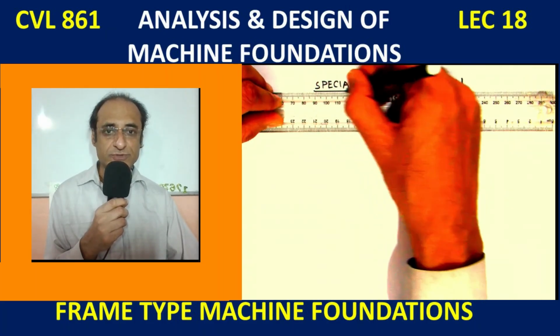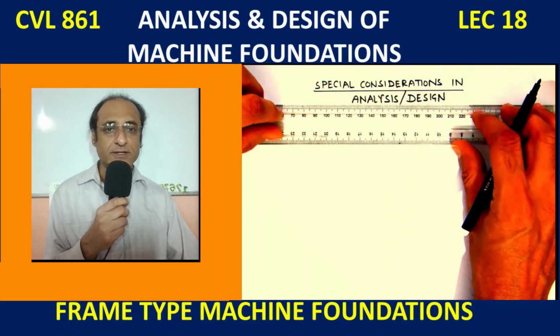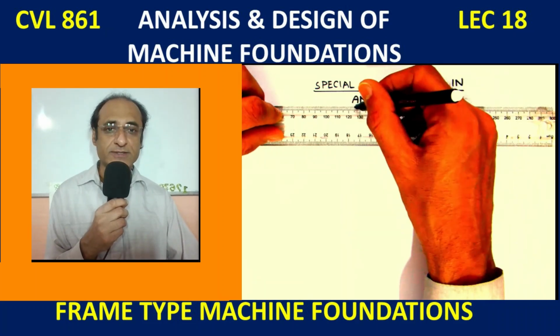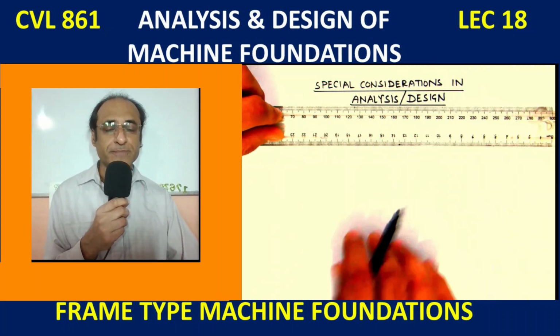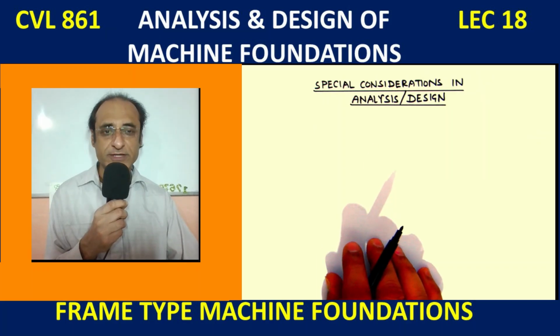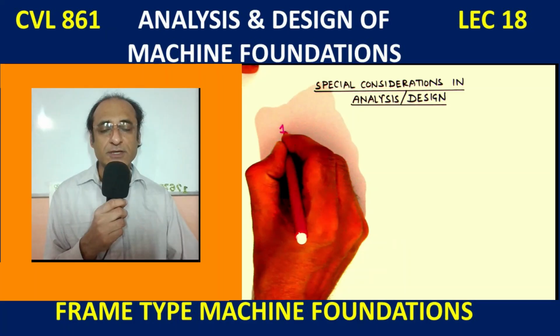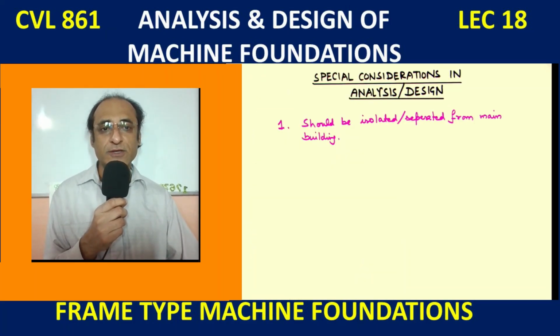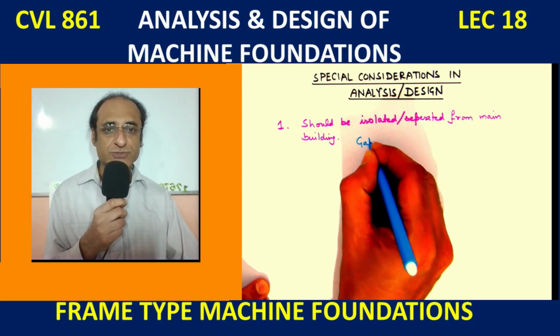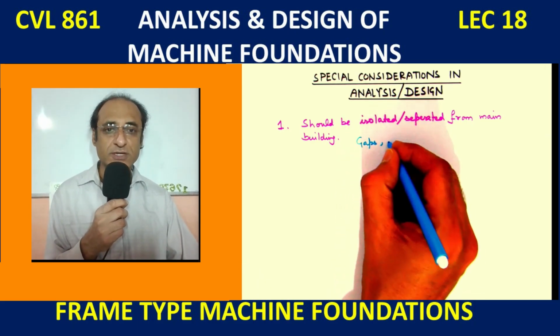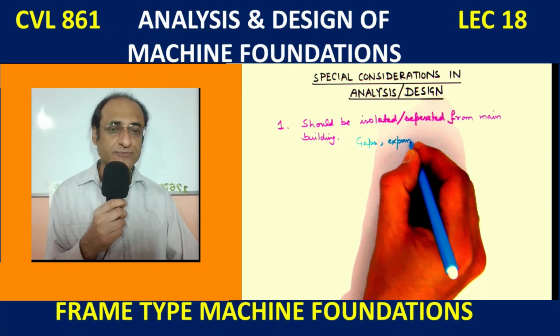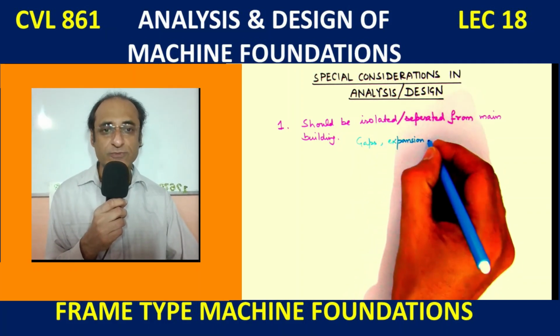Some of the provisions are different, and you may find that some of the clauses have different considerations as compared to the block type foundations which you have already studied. And after we finish the main study, we will also scan through IS 2974, just like we have done with IS 2974 part 1. So we'll do scanning with IS 2974 part 3 also.